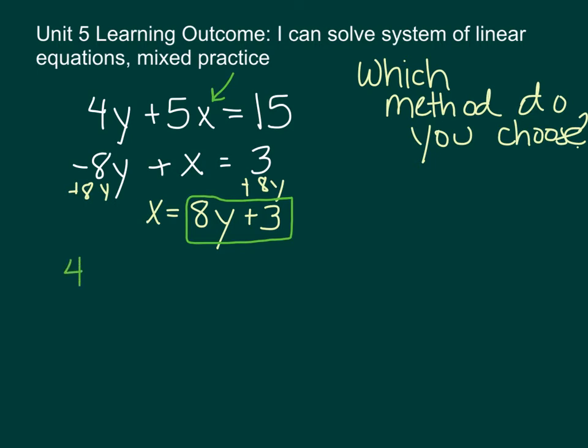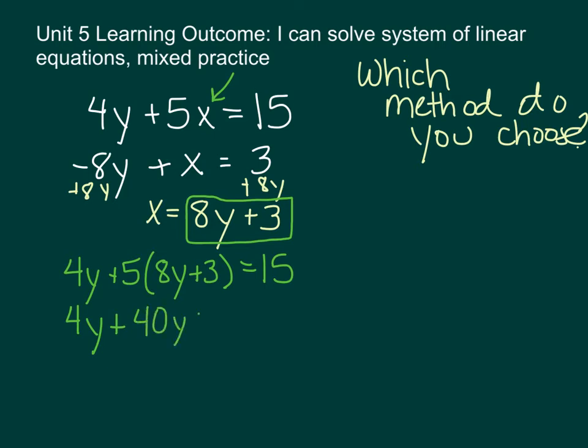So we've got 4y plus 5 times (8y plus 3) equals 15. So 4y plus 40y plus 15 equals 15. So 44y plus 15 equals 15.